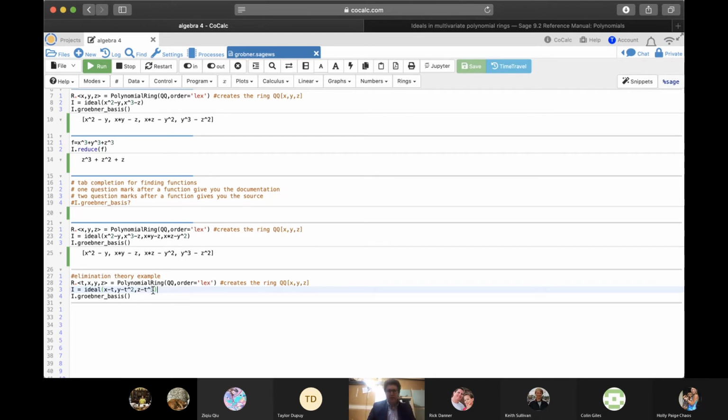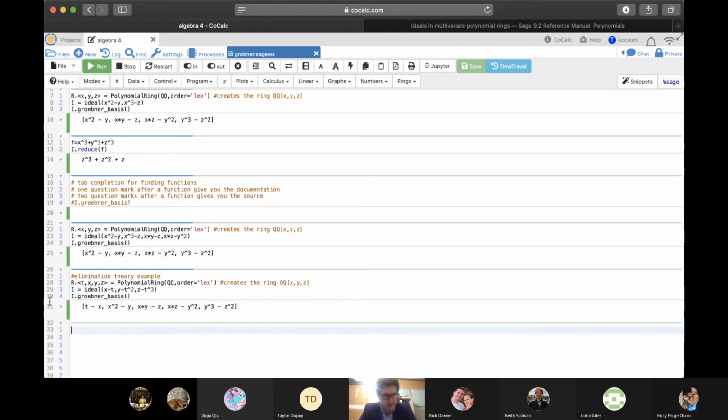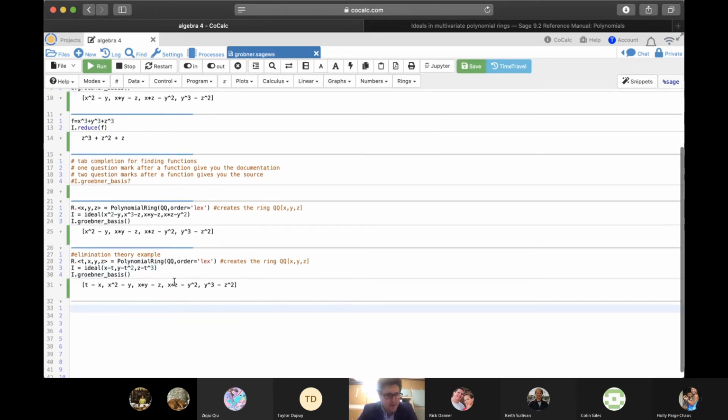Well, if I were to look in variables x, y, z, and t, and I set x equal to t, y equal to t squared, z equal to t cubed, what this does is cut out the graph of the function. And we can take a Gröbner basis for this graph. You'll get some stuff, and notice that there are ones with t here.